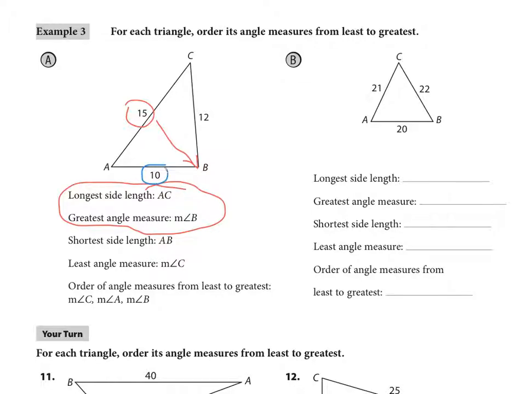Here's the shortest side, and it's going to be across from the littlest angle. Okay? And then the middle one will be there. So the order of angle measures, least to greatest, is C, A, and then B.